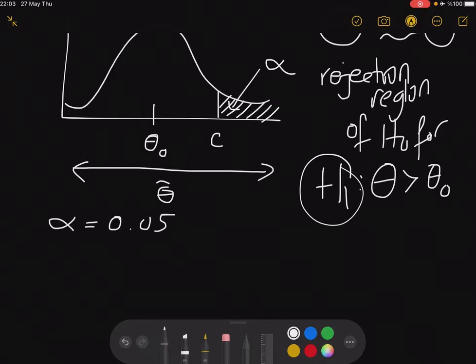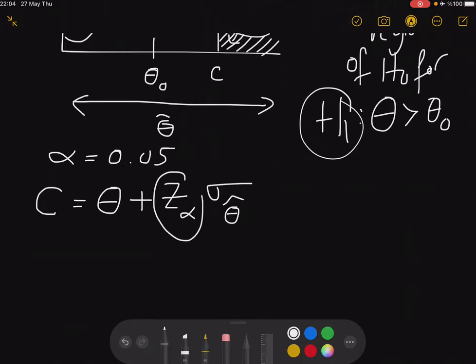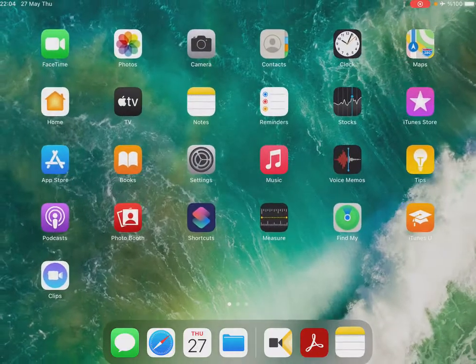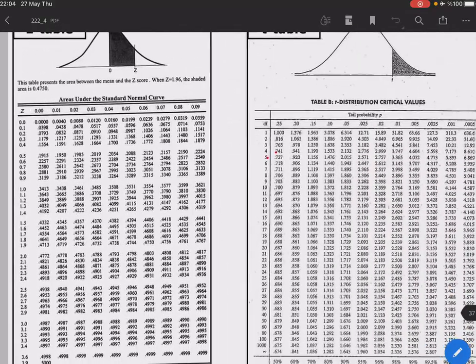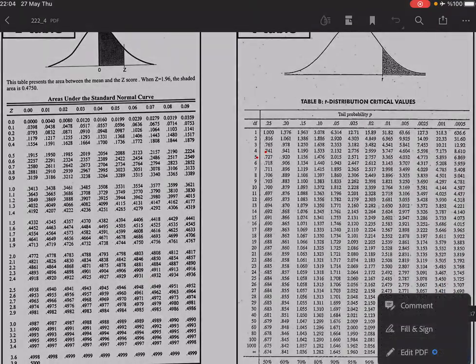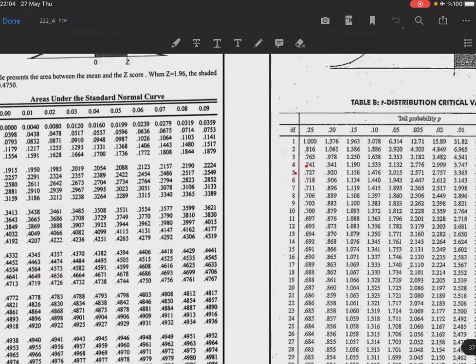This is what you're dealing with, and your C value here would be theta 0 plus z alpha times the standard deviation of theta hat. This value will correspond to, as far as I remember, look here, 0.5, right? So that should be okay.